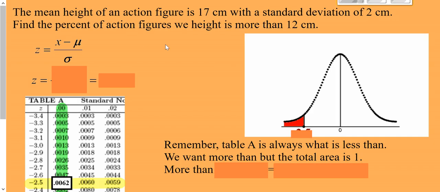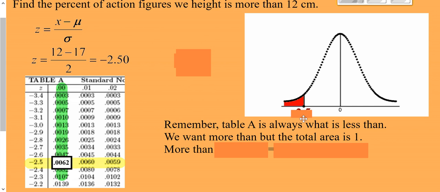So what about being more than 12? Well, 12 minus 17 over 2 gives negative 2.5. So our z-score is negative 2.5. So we go to negative 2.5 here, go to the 0.00 column here, and we get this.